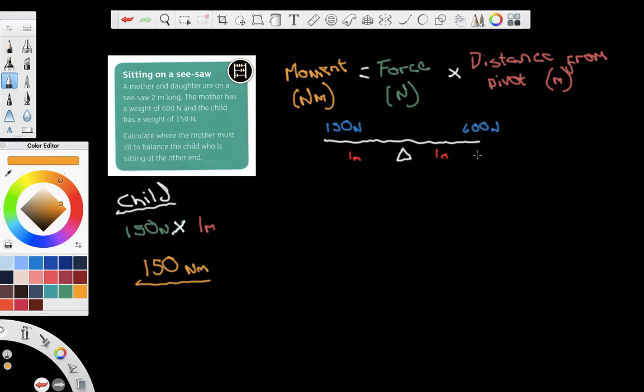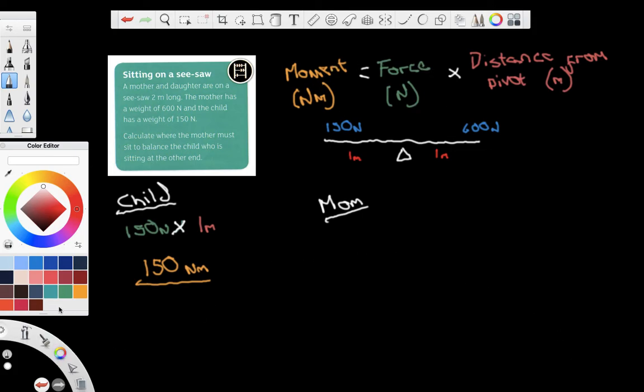The mother has a force of 600 newtons. We need her to get a moment of 150. We can rearrange this equation to find distance. So for the mother, we need to swap moment for distance. If we do that, we need the moment divided by the force.